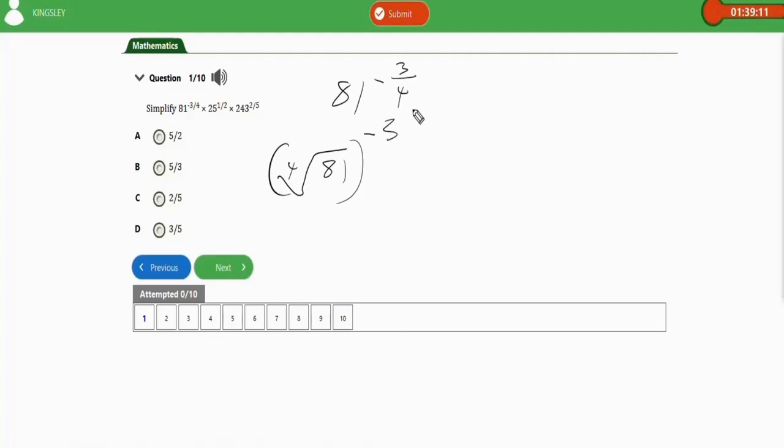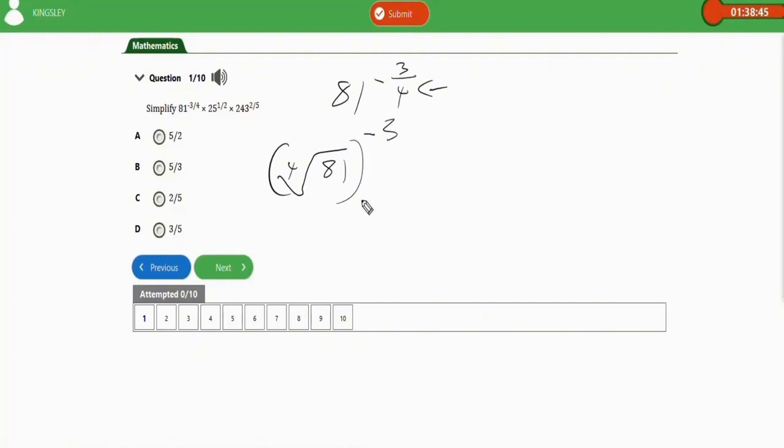Note that whenever you have the power as a fraction, the denominator of that fraction is a root value. Had it been 2, this would have been square root, and if it is 3, it will be cube root. If it is 4, it is fourth root. If it is 5, it will be fifth root. In that order, let's proceed.